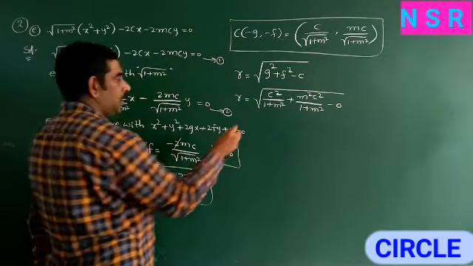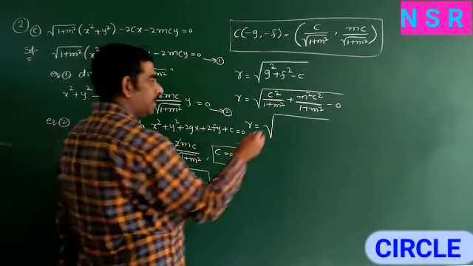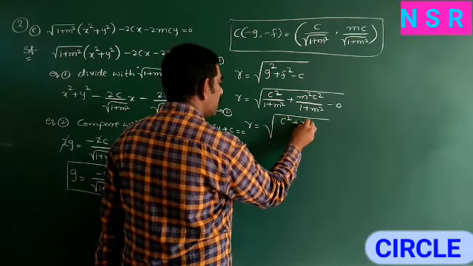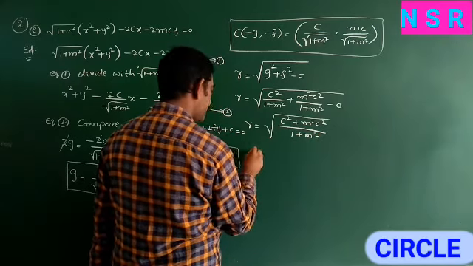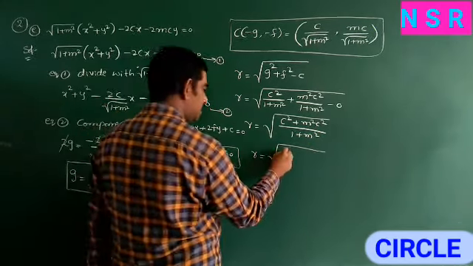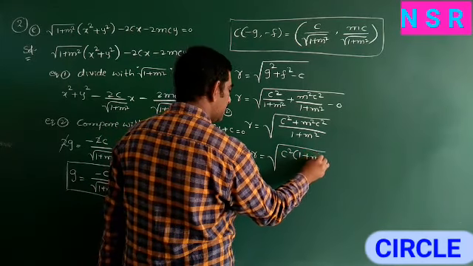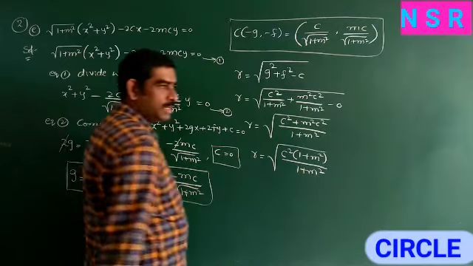Now r is equal to, here the LCM is 1 plus m square. So we get c square plus m square c square by 1 plus m square. Now in the numerator take c square common. So we get c square into 1 plus m square by 1 plus m square.